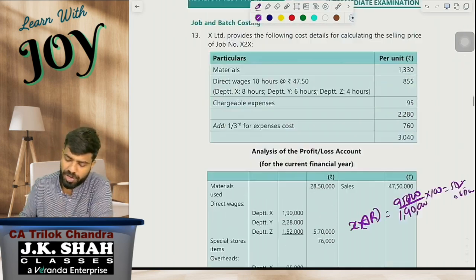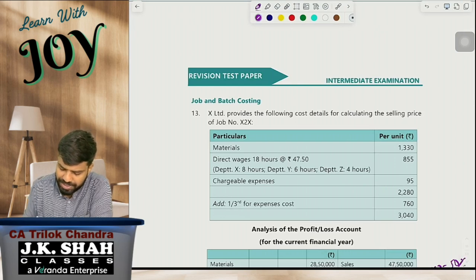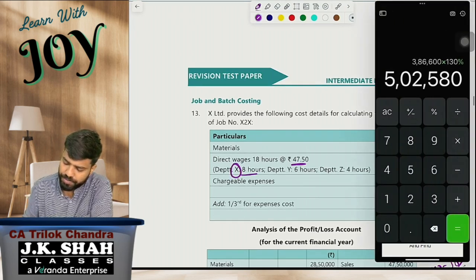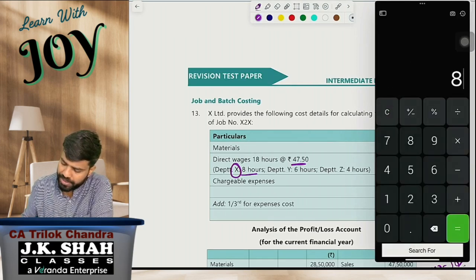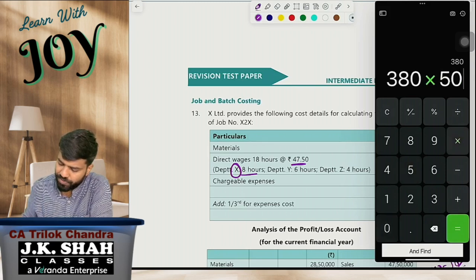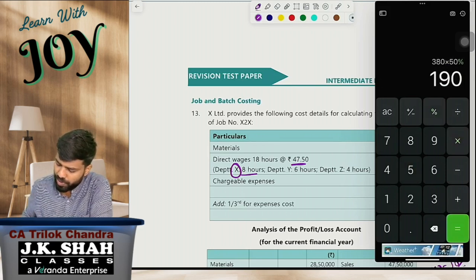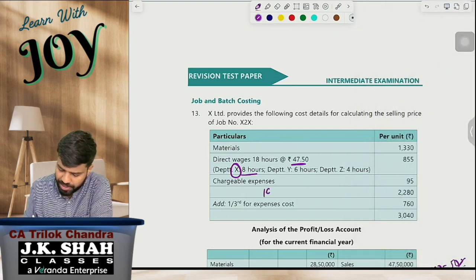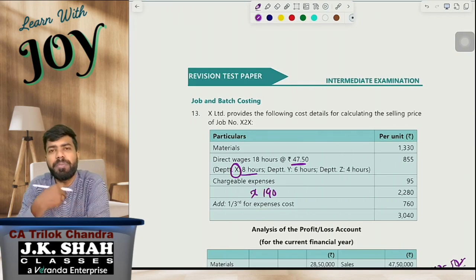Now come to the respective job. It is taking in department X 8 hours at the rate of 47.50. 8 into 47.5 equals 380. 380 into 50% is the overheads, which equals 190. Overheads is 190 from department X, likewise department Y and department Z. Make a total and we'll get the total overheads.